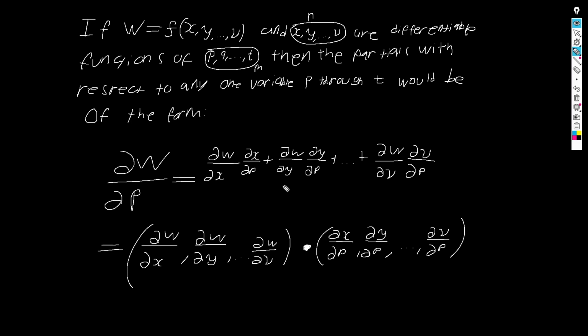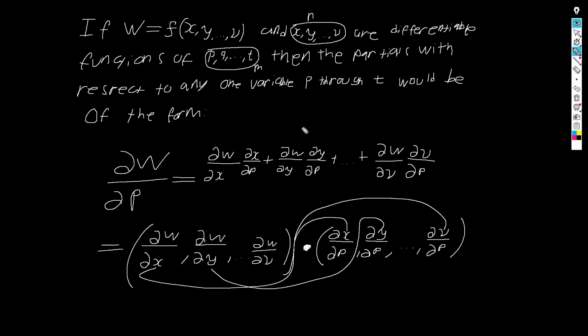This can just be written as the dot product of these 2 vectors, where one of the vectors is all the partial derivatives of w with respect to x through v that are described by f, and then the second vector, each of the components correspond to, for example, the first corresponds to x, the second to the second one, the nth one corresponds to v here.